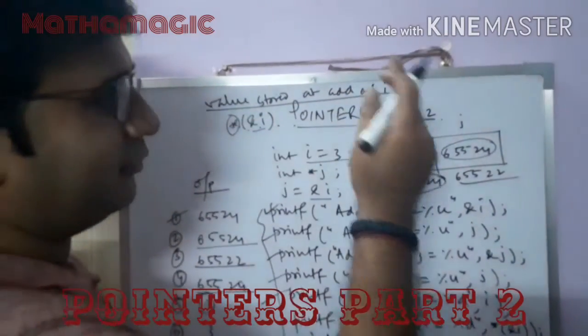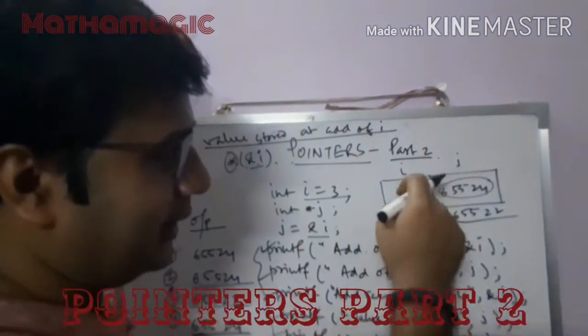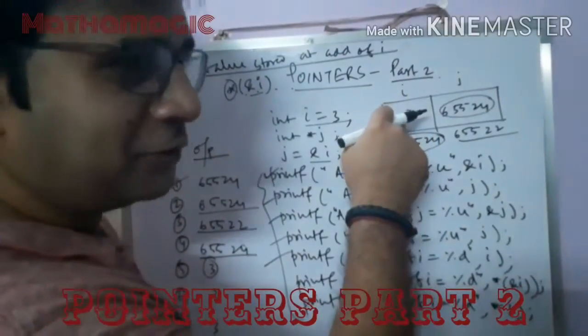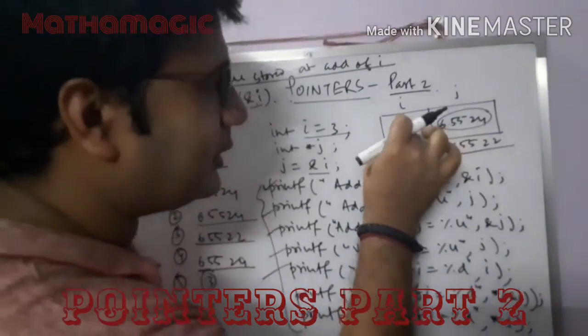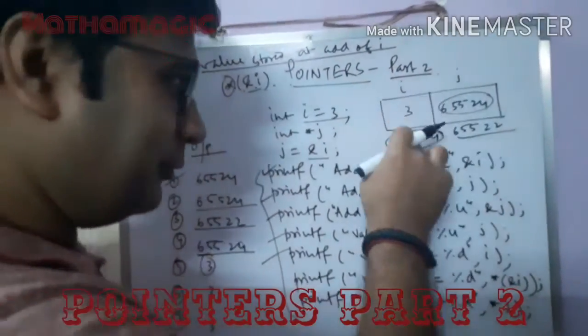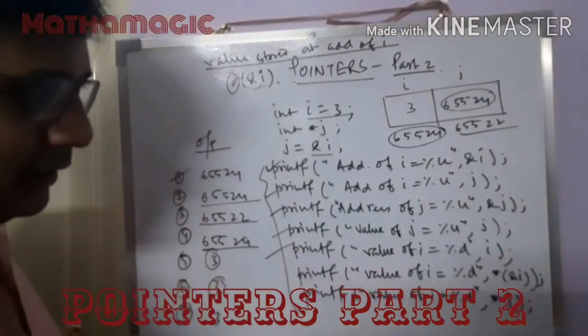What is the address of I? This is the address of I. What is the value stored? 3. In this address, what is the value? 3. So the same thing comes out here.